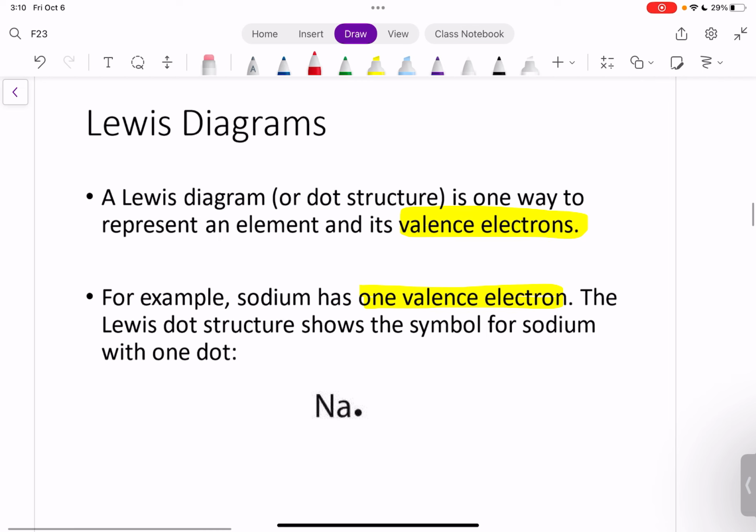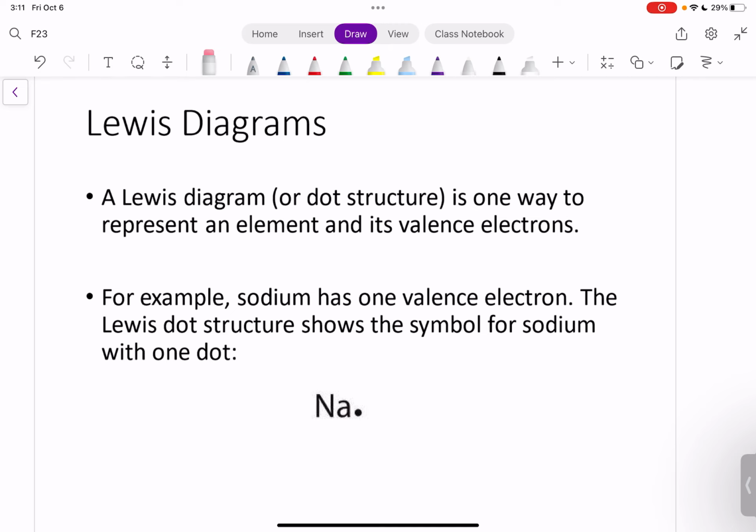So you might be looking at this and going, well, there's only one electron there, that dot, but that's because we're only showing the valence electrons with these Lewis diagrams. We're not going to draw out all of the electrons that the atom has because that would just take too long, and we don't really care about the inner electrons as much. So we're only going to draw the valence electrons, and for sodium, since sodium's in group 1A, it has one valence electron.